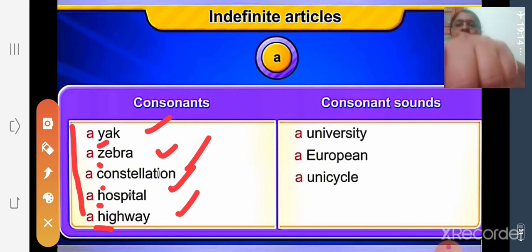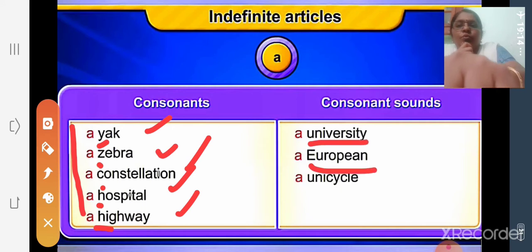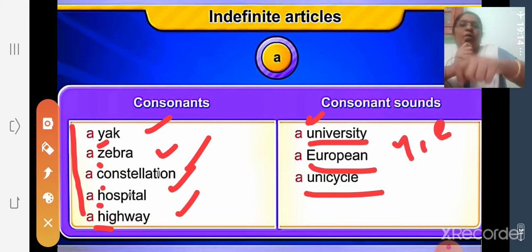Whereas, look at here: a university, a European, a unicycle, etc. All these words begin with a vowel letter, U and E. We all know A, E, I, O, U. So U and E are vowels. Even then, a is used here. You know why? Because these are consonant sounds.